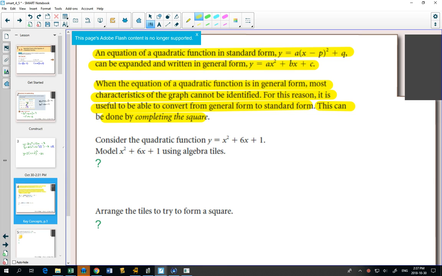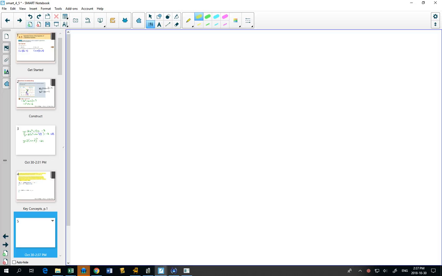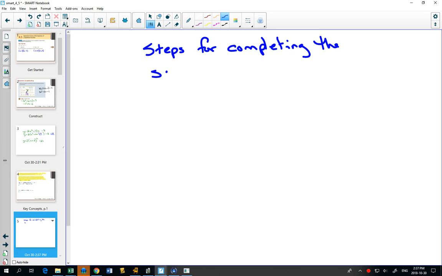So at the bottom of the page, you have some room, and we have already completed the square for quadratic equations, and now we're doing it for quadratic functions. It is very similar, but slightly different.